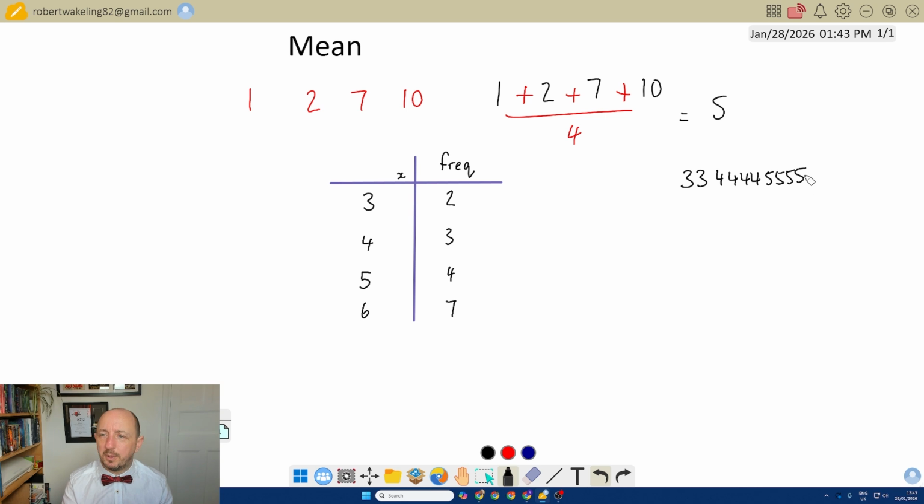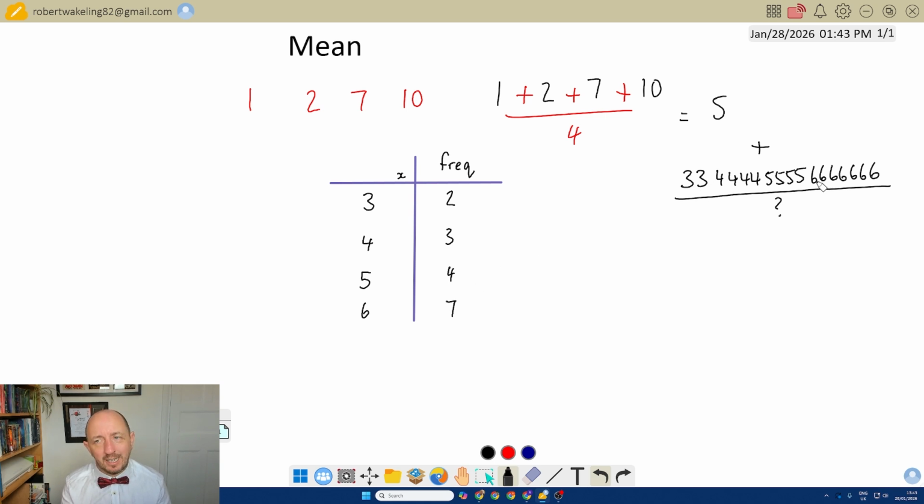And 7 people with a 6. 1, 2, 3, 4, 5, 6, 7. So really all we have to do is add all of those numbers together and divide by how many there actually are. However, in the exam, there could be 30, 40, 50 people in this frequency table.